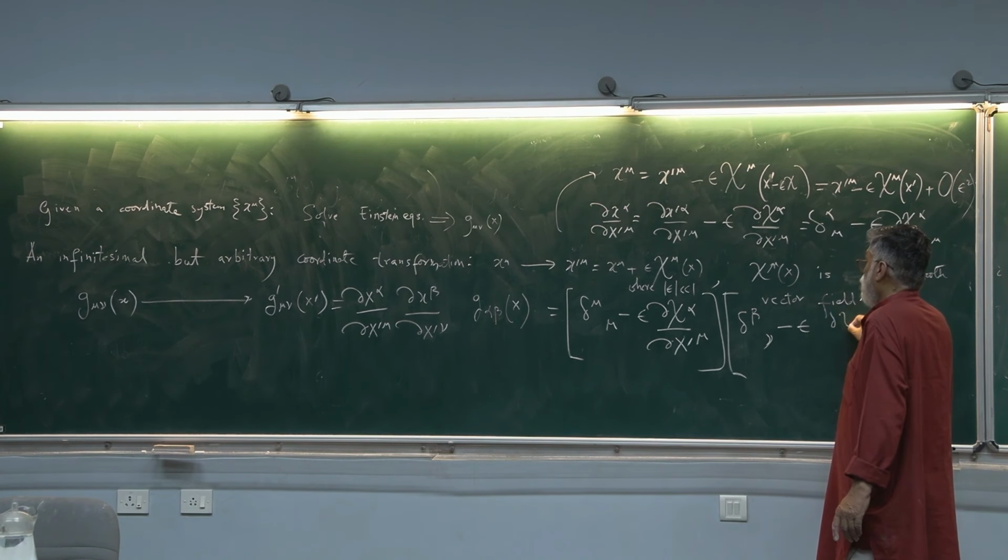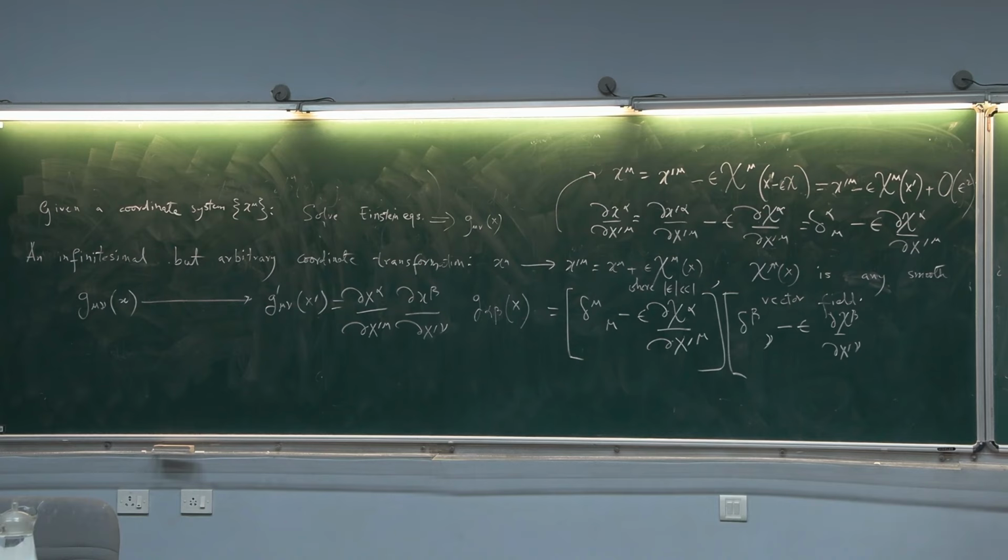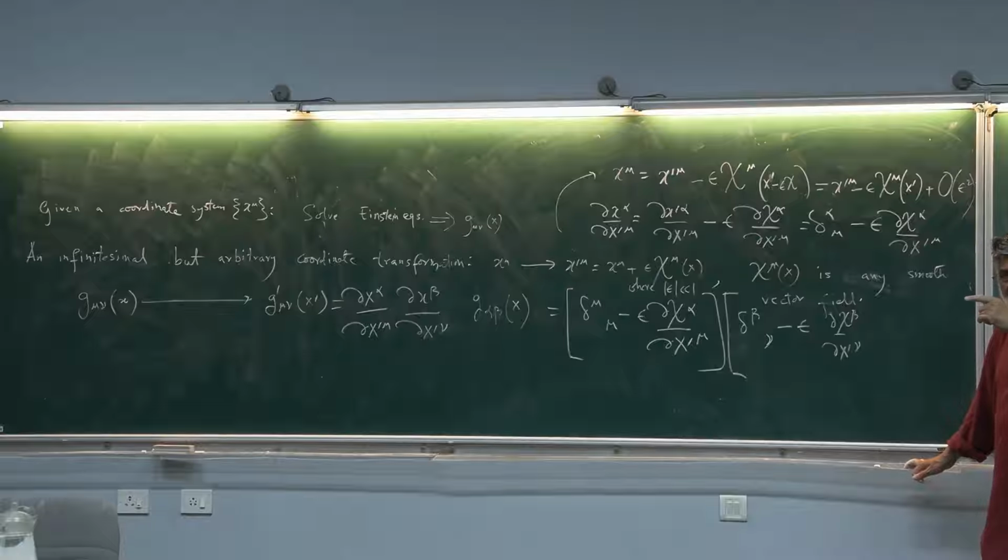Patrick, can you do one thing? Now onwards, instead of chi, can you use something else? Maybe psi or something. That would be better. The reason I didn't want to, I mean, standard books will use xi, but because I was using xi^a for the Lorentz coordinates, someone might have confused that.